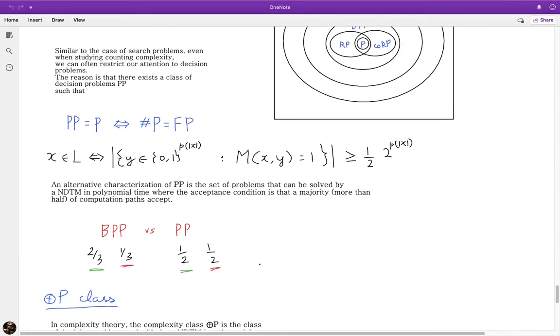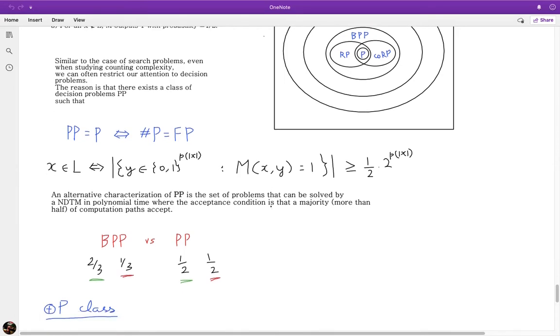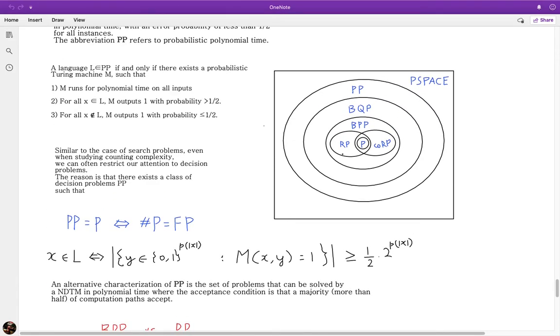Similarly, as we have studied, P is a subset of RP, where we boosted the probability for the randomized polynomial to solve the problems in P. Similarly, we can boost the probabilities of BPP to solve the problems in PP. And we know that all of these classes sit under PSPACE.